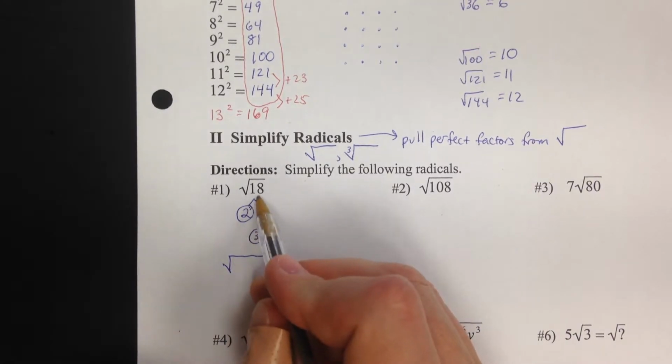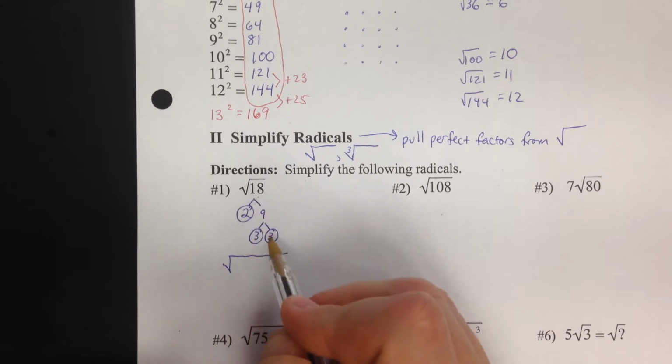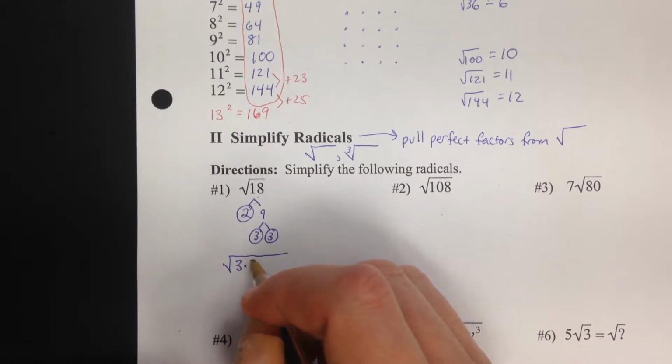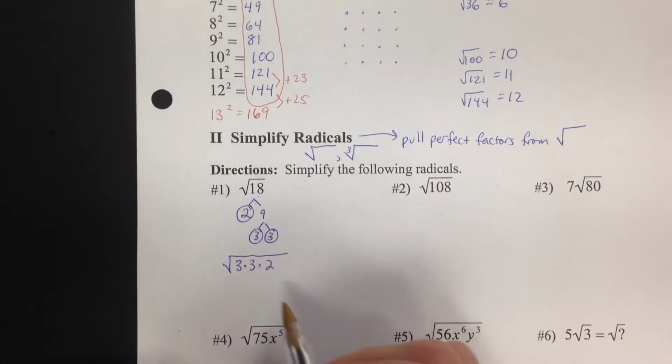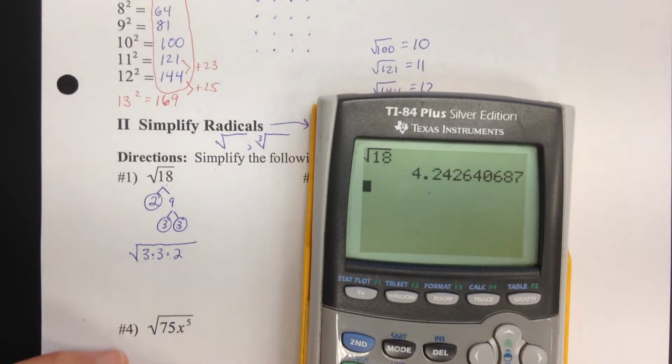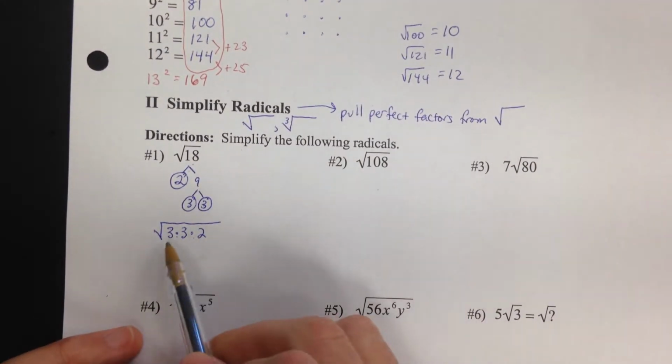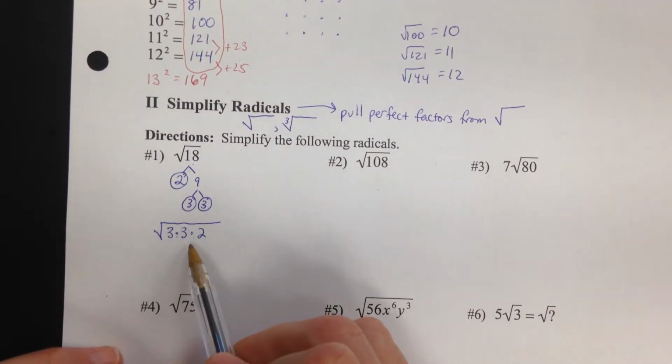Instead of writing the number 18, I can write it as a product of primes. Product means to multiply, and these are all prime numbers. Now, if you're ever unsure whether this is correct or not, if I do 3 times 3 times 2, it should give me 18. And it does. So what that tells me is that I have factored this correctly.